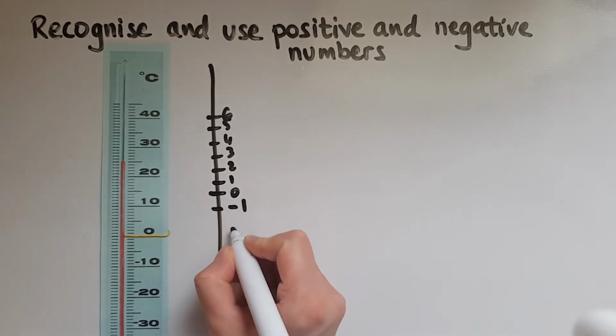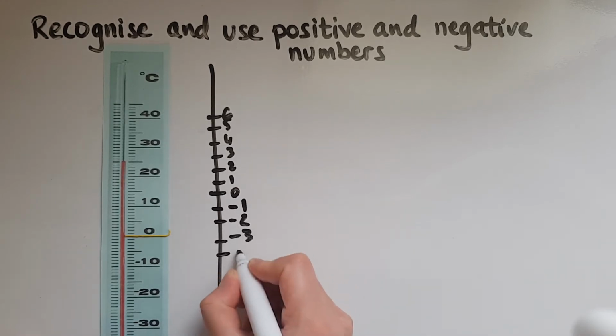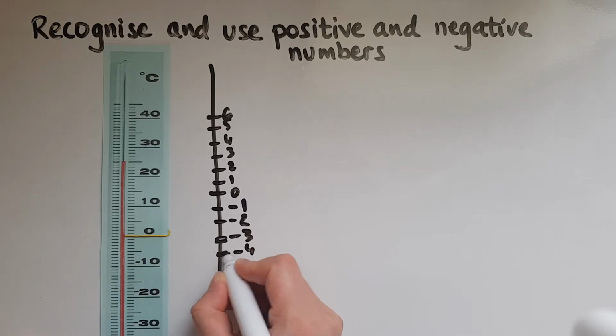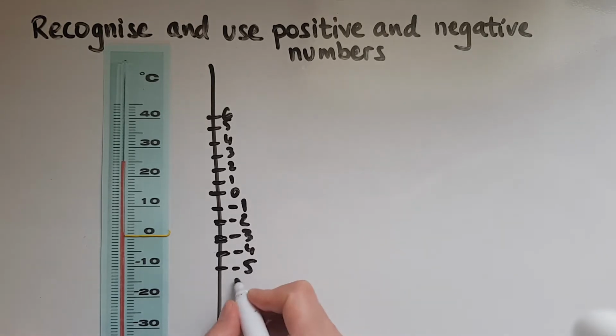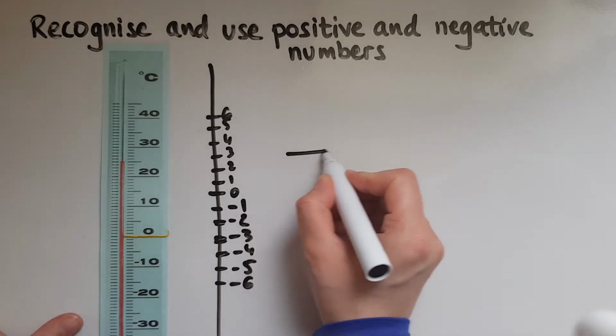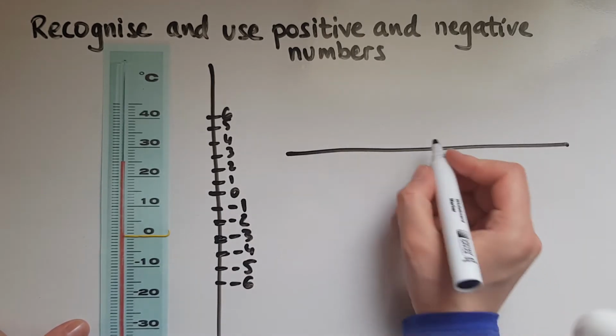Then we have -1 under 0, -2, -3, -4, -5, -6, and so on. But you might see a number line that is horizontal as well, and it means exactly the same thing.